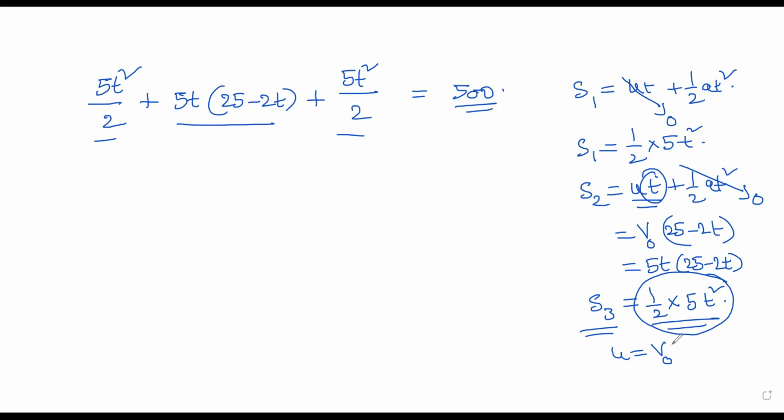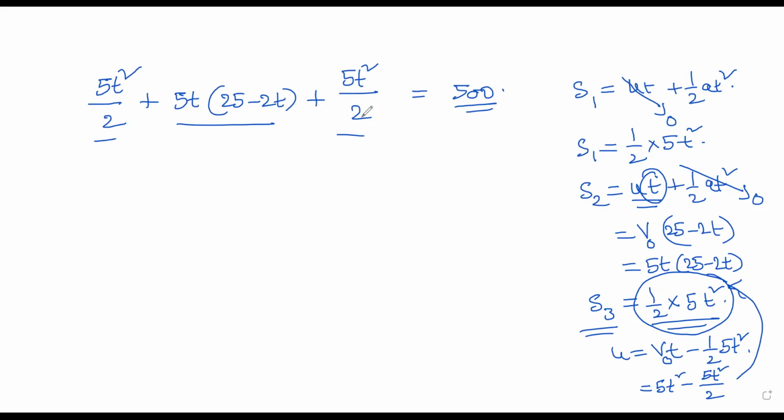So v naught into t, but it is decelerating, so minus half 5t square. But v naught is 5t, so you plug that in, and you have 5t square minus 5t square by 2. So anyway, you end up with the same answer. So that is how you can add up the things, and by using the equations of motion also you can get this.